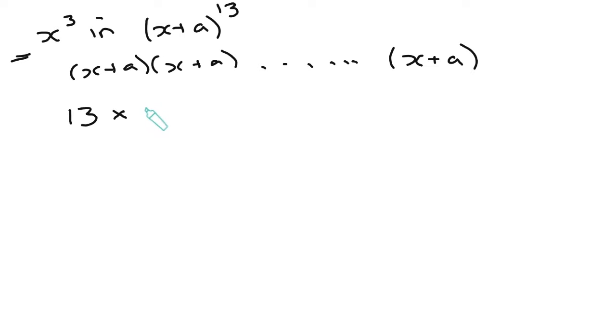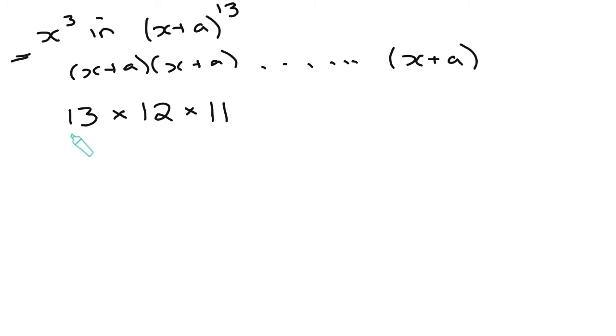Well, there's 12 brackets left, so there are 12 choices for the second one. And then we've got 11 brackets left, and we've got to choose one of those to get our third x. So at the moment there's 13 ways to choose the first, 12 to choose the second, 11 to choose the third. But we don't care what order they're in, do we?